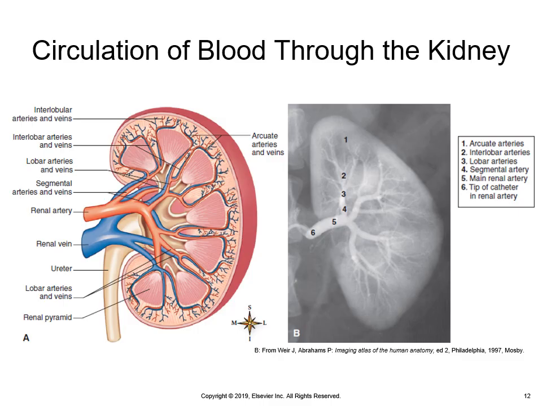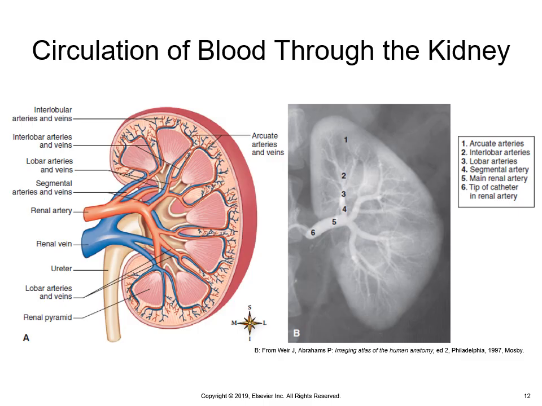We have the lobar arteries there, and then the interlobar arteries here, which are much smaller. This is basically what weaves between these renal pyramids. Now we can actually see the renal pyramids here, and the renal columns, which are the spaces in between the renal pyramids.